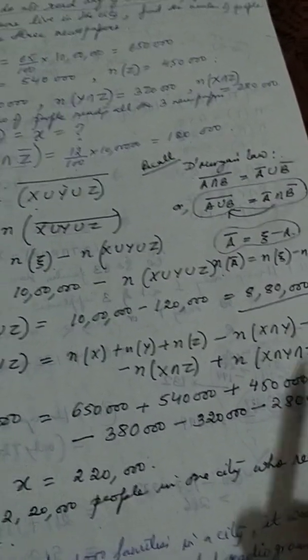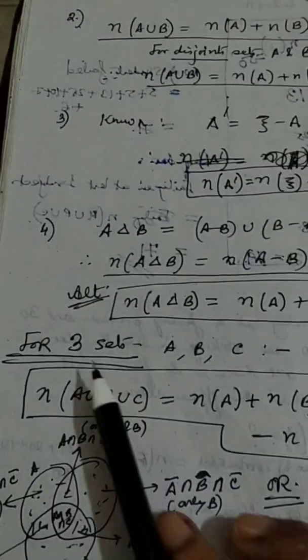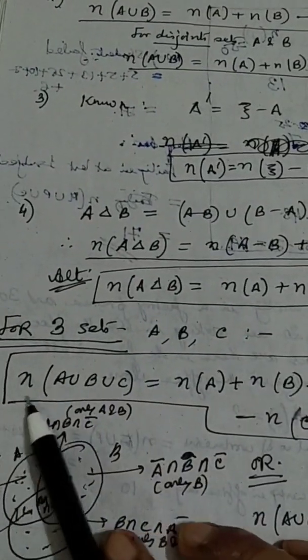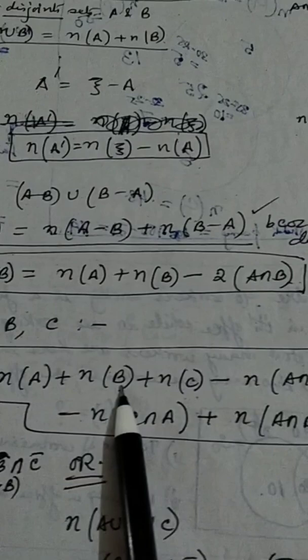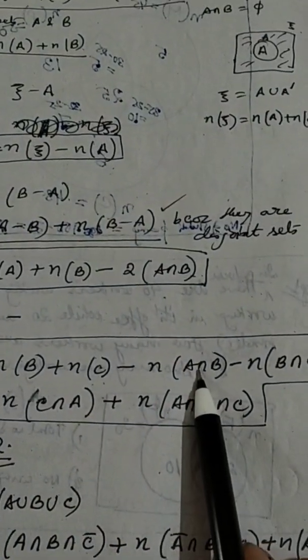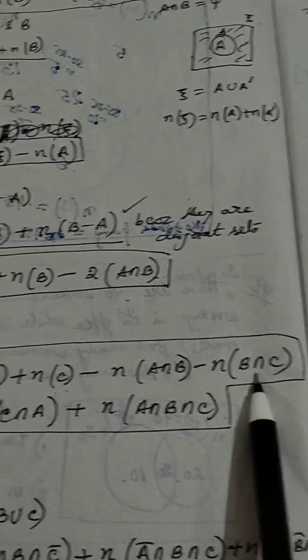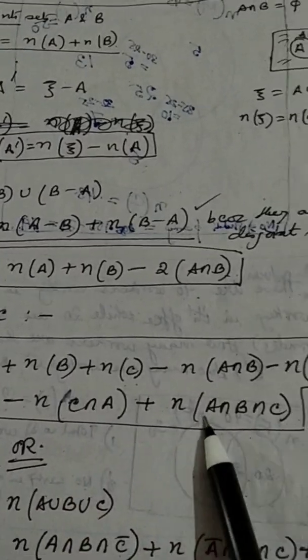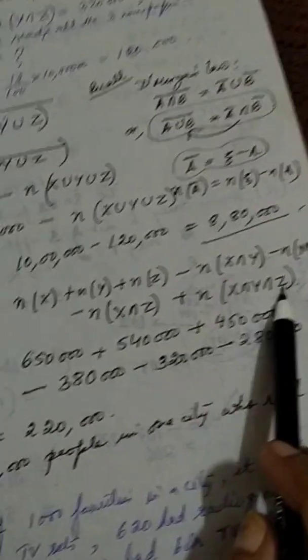In fact, I can see the formula here itself: for three sets A, B, C, n of A union B union C is NA plus NB plus NC minus n of A intersection B minus n of B intersection C minus this plus this, and that is what I've applied over here.